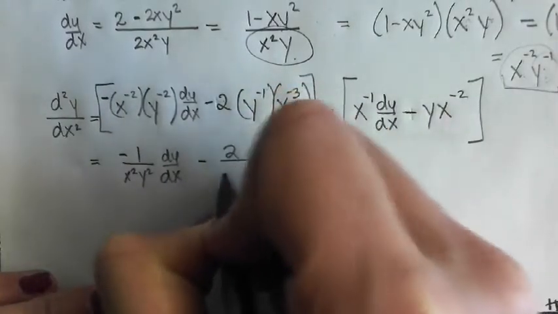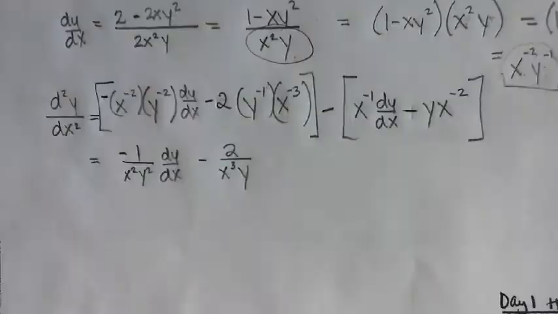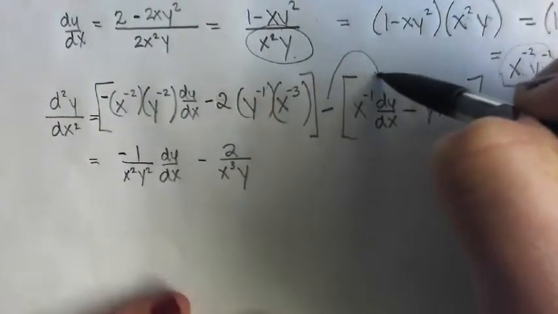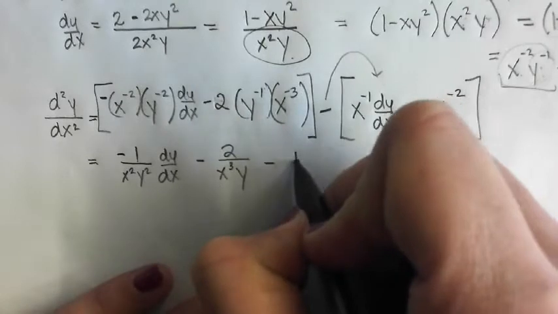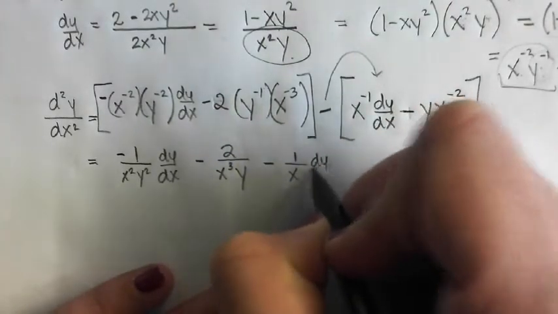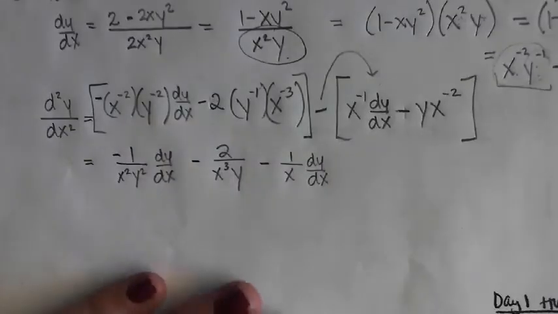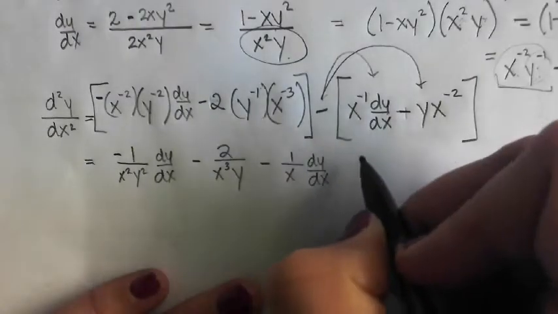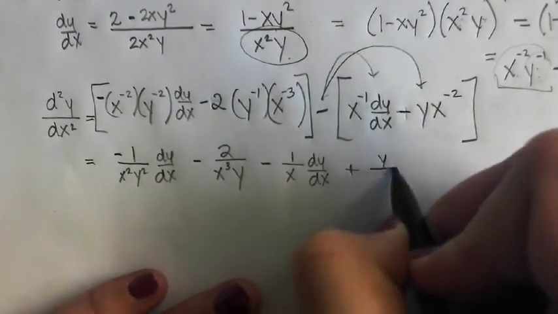Minus 2 over x cubed y. I have to distribute this negative sign, so this will be negative 1 over x dy dx. And then plus y over x squared.